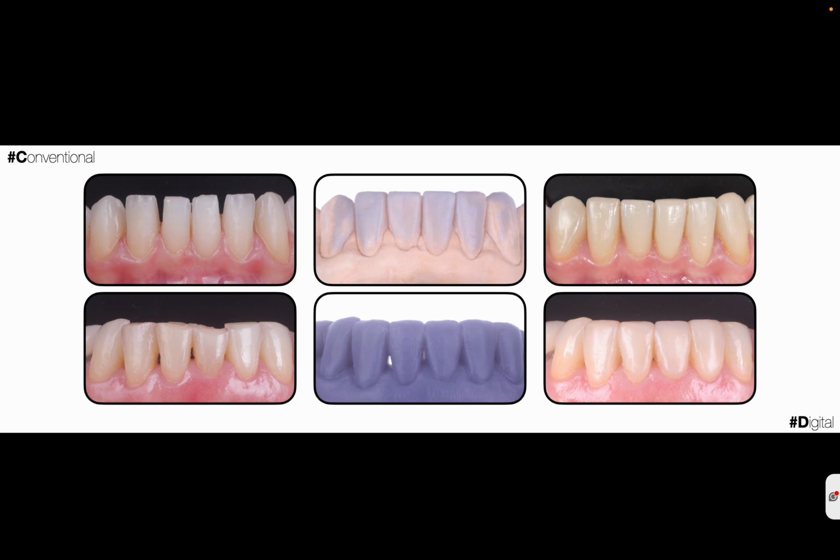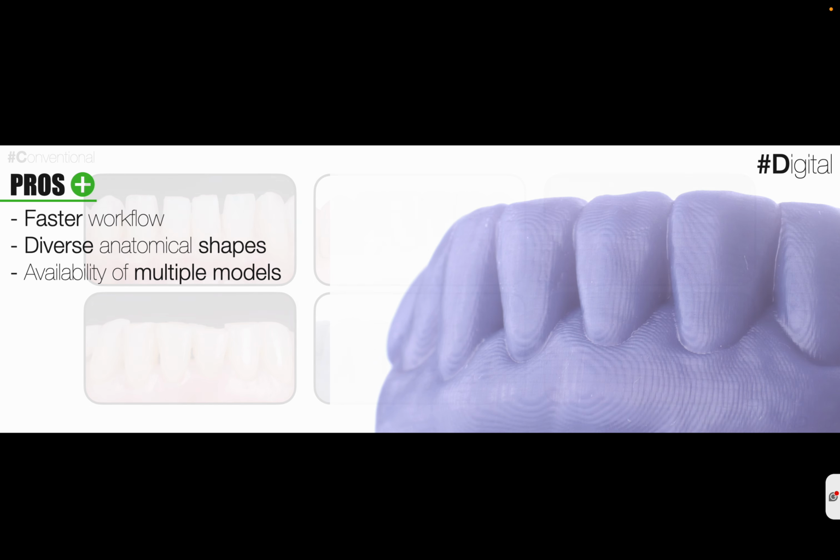Okay, what happens? We have pros and cons, as always. It's true that the naturality or the texture or whatever that we have in the conventional workflow is completely different from what we have in the digital world. But what happens? The digital allows us to work faster.